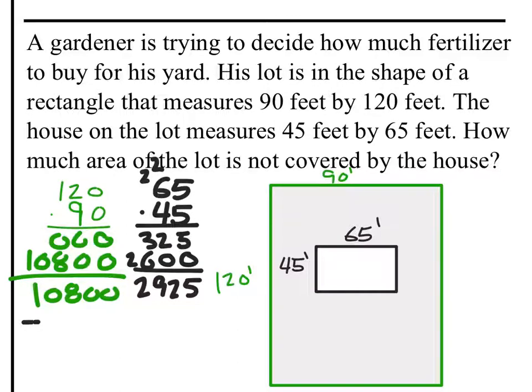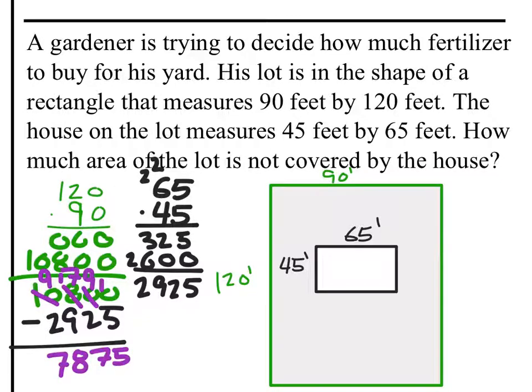This is going to be taken off of the 10,800 square feet. So subtracting these will tell us how much of the lot is not covered by the house. So right here after the subtraction we got 7,875, and the label for this one is square feet. Because it's an area, you guys, so don't forget to properly label that in square feet.